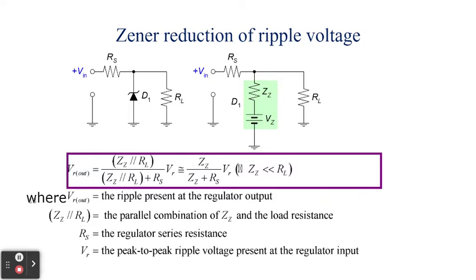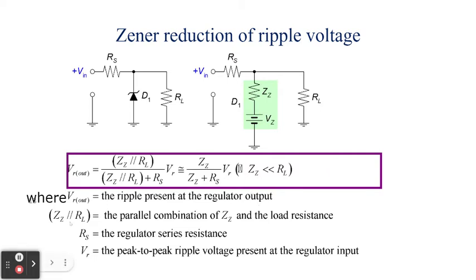Considering this in a shorter form, this is approximately the same as ZZ divided by ZZ plus RS, multiplied by VR, assuming that ZZ is extremely smaller than RL. The VR out is called the ripple present at the regulator output. Again, VR here, small letter r, represents the ripple present at the regulator output.